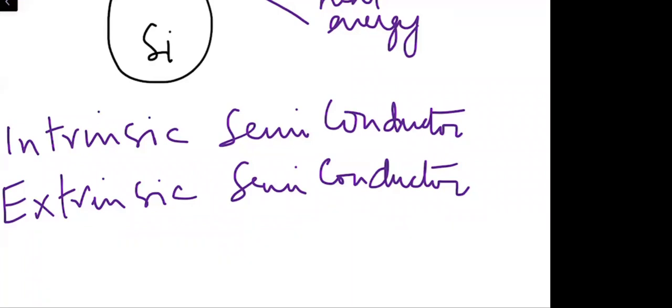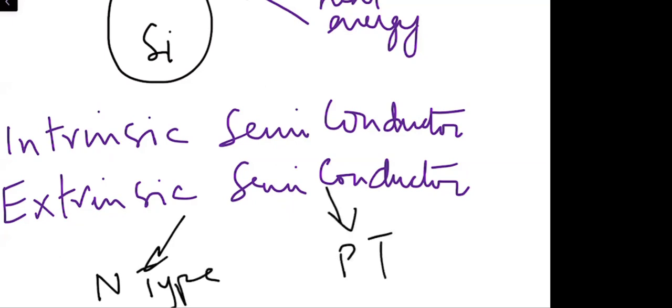Extrinsic semiconductors are of two types. One is called N-type, which you have already studied, and then there is P-type, right? Now, an N-type semiconductor is the one in which we add an impurity which has 5 electrons in its outermost shell, right?